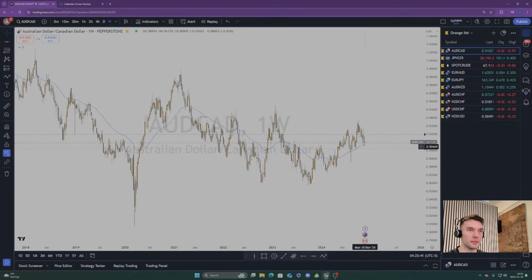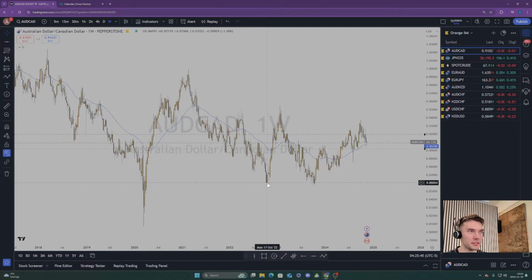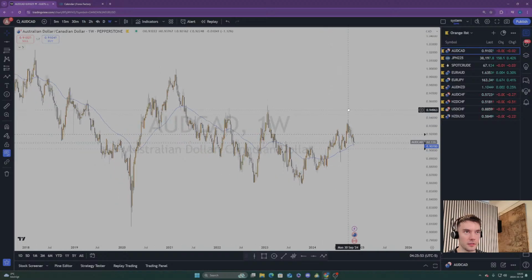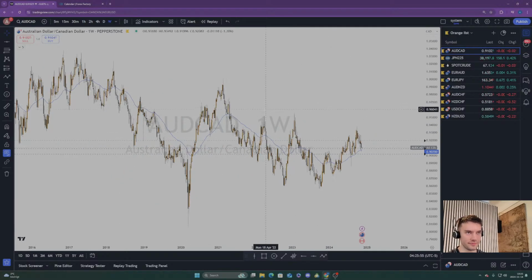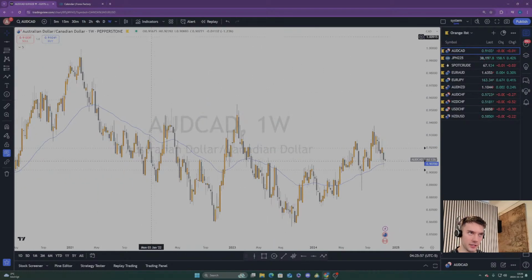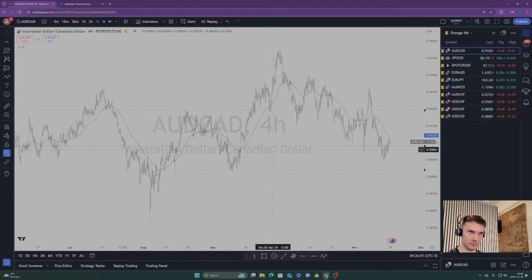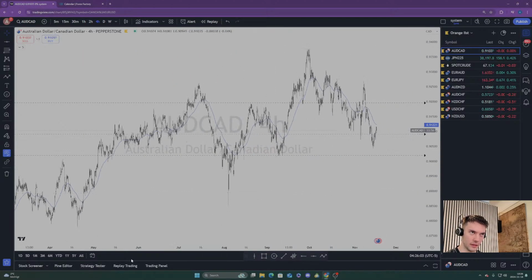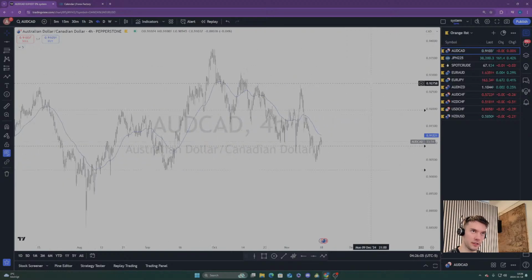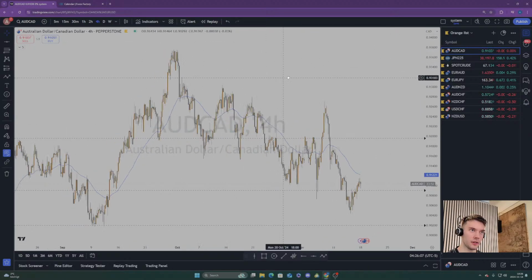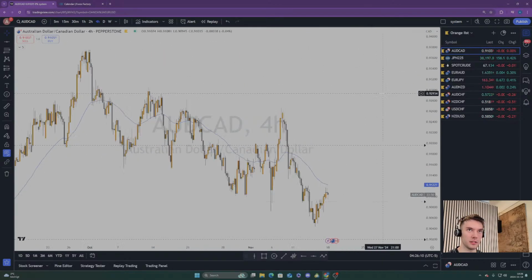Chop. Yeah, pretty choppy. Kind of made a lower low here. No clear direction here in the higher time frame uptrend, but right now cooling off as we speak.